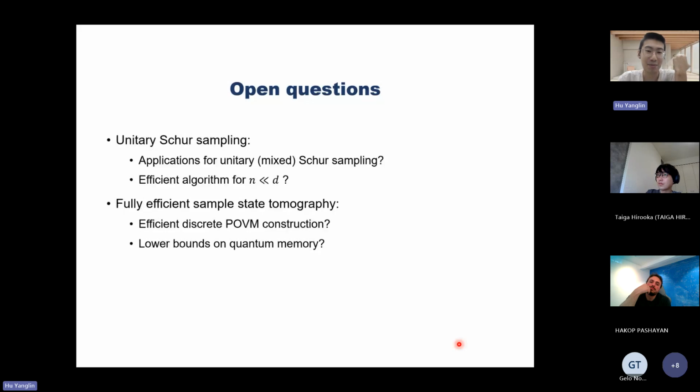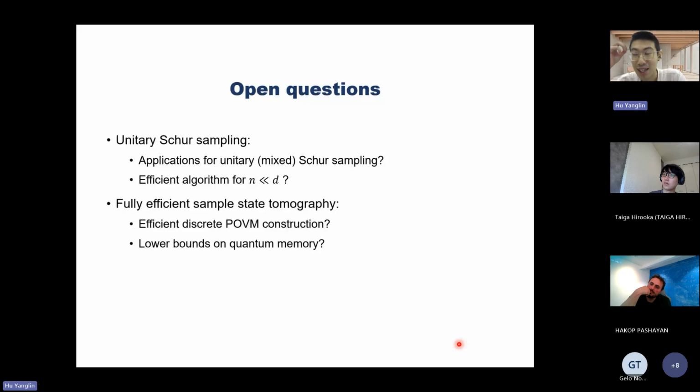We have found some application of the unitary Schur sampling, but not the mixed one, because for the unitary mixed Schur sampling, you get the permutation symmetry, and also the transpose of the permutations. In that case, it is no longer a group; it becomes an algebra, and many things get messed up.